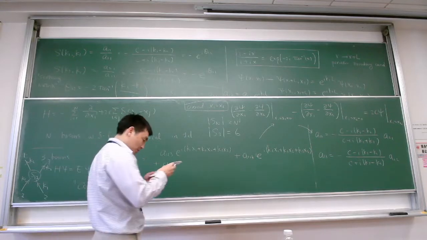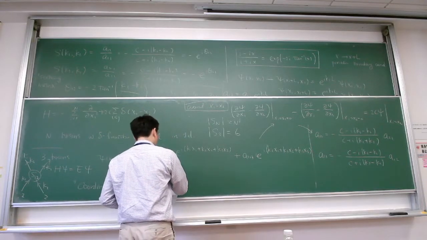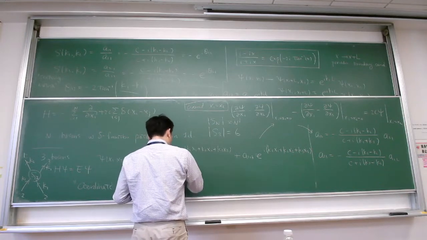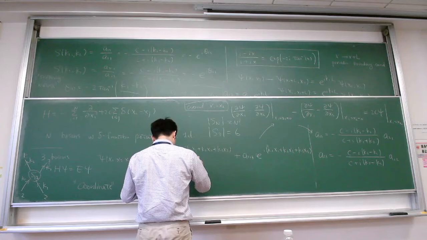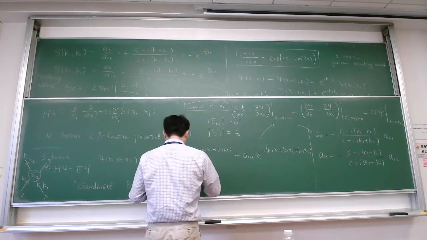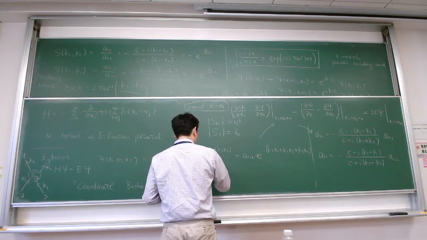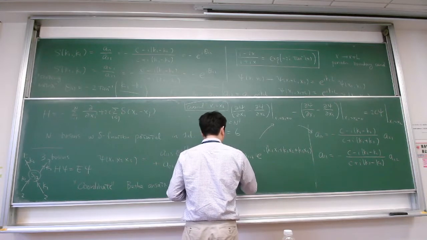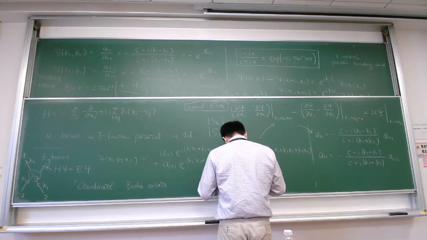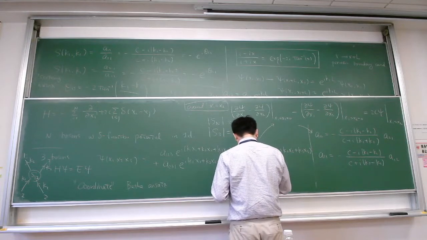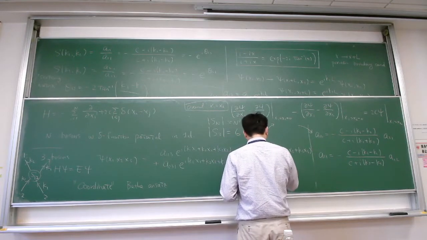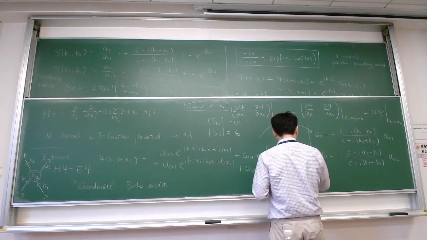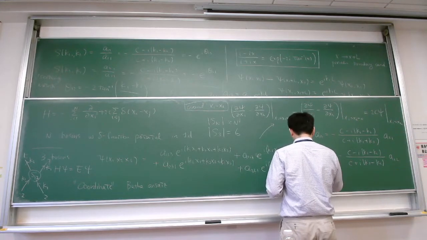So let's do it slowly. A(2,3,1) e^{i(k2 x1 + k1 x3)...} plus A(3,2,1) e^{i(k3 x1 + k2 x2 + k1 x3)}.